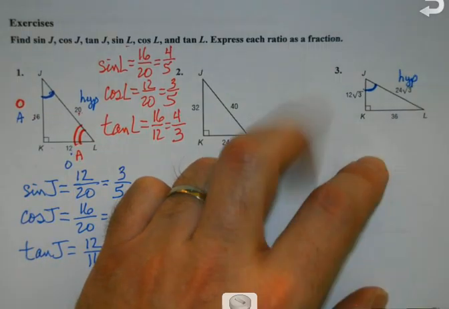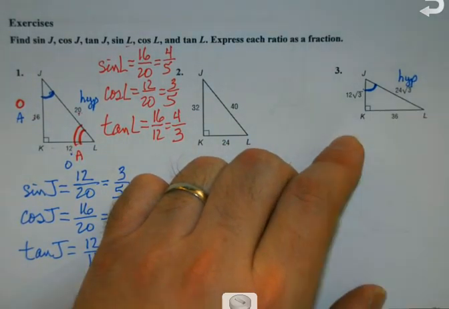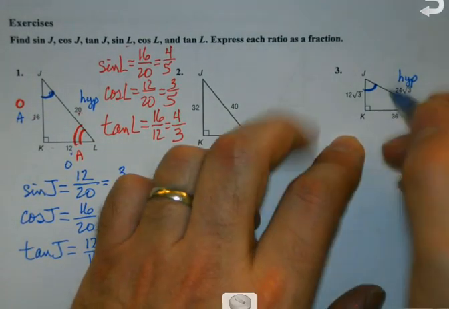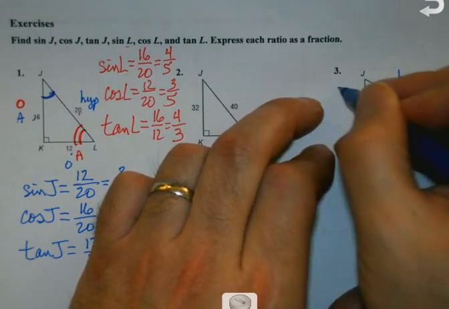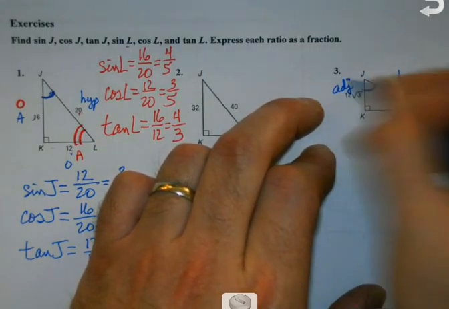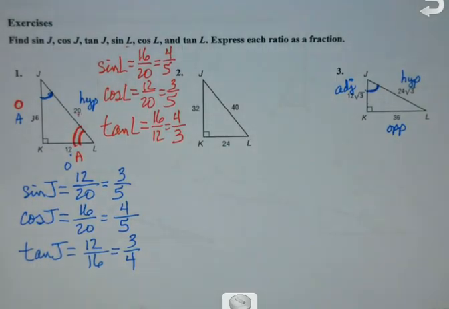Here's my hypotenuse, the side opposite my right angle. My opposite, which leaves this guy to be my adjacent. And I'm still just going to use the regular trig functions.